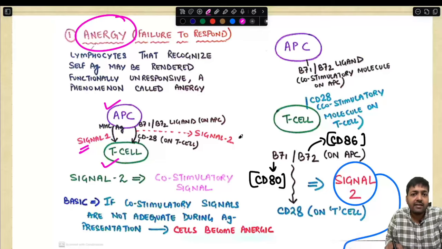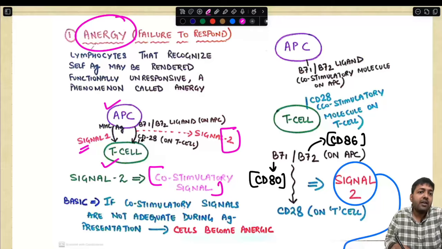Then there is another signal, signal number 2, which is a co-stimulatory signal. Remember, signal number 2 is very important, because for activation of the T cell, both signals 1 and 2 have to be adequate. If signal number 2 is not adequate, then activation of the T cell will not occur.